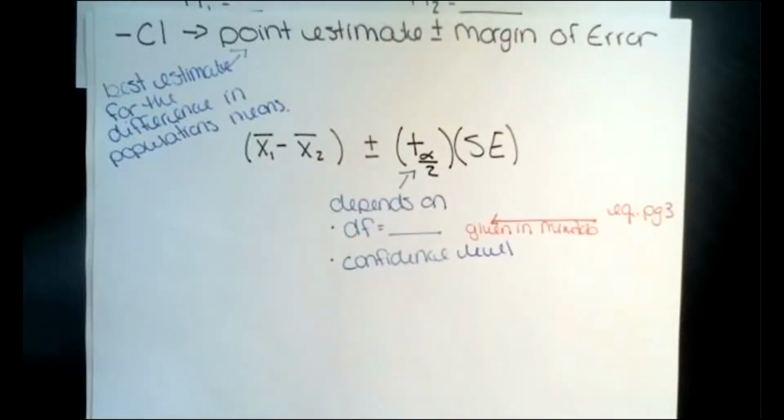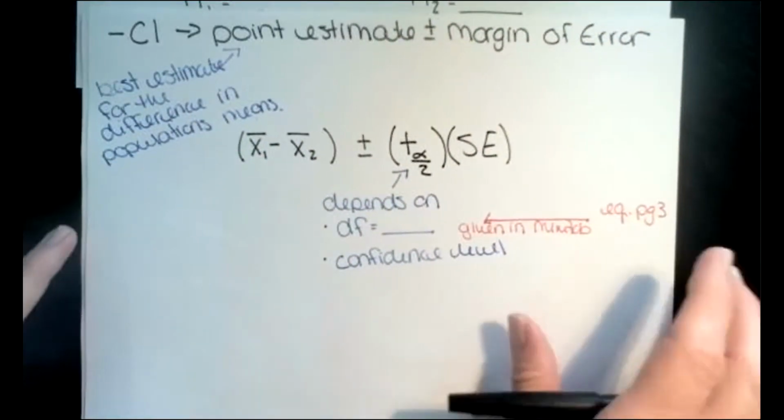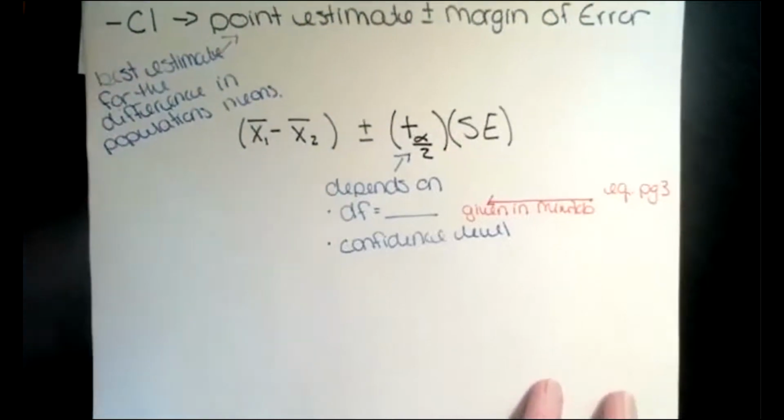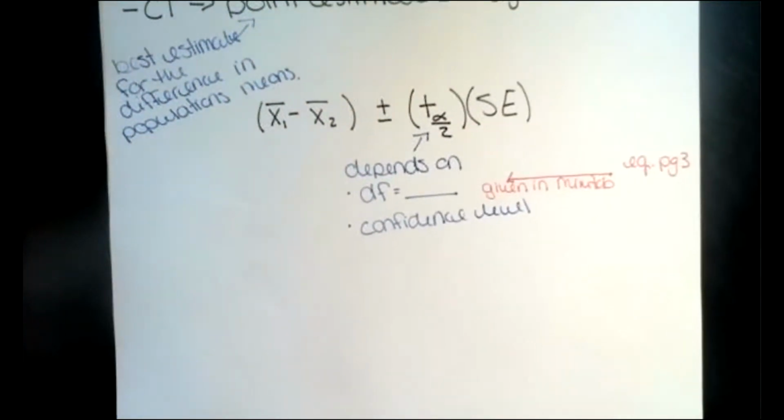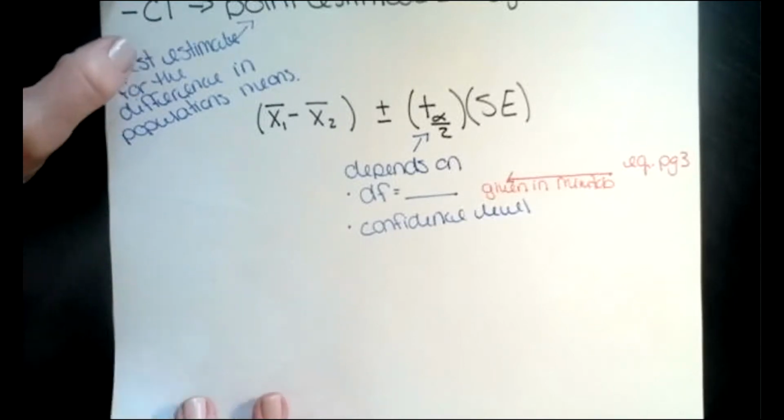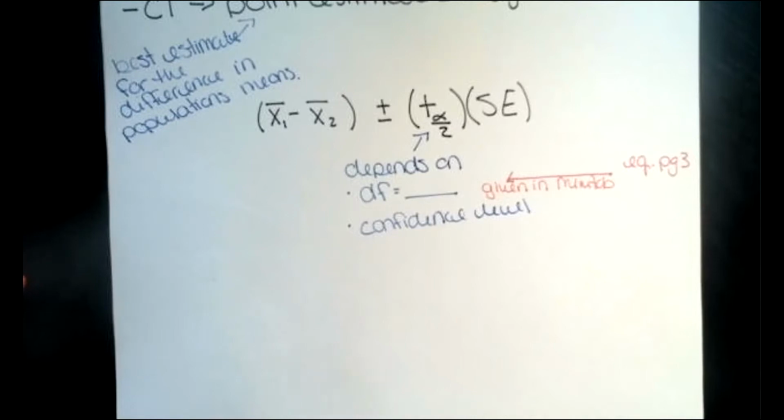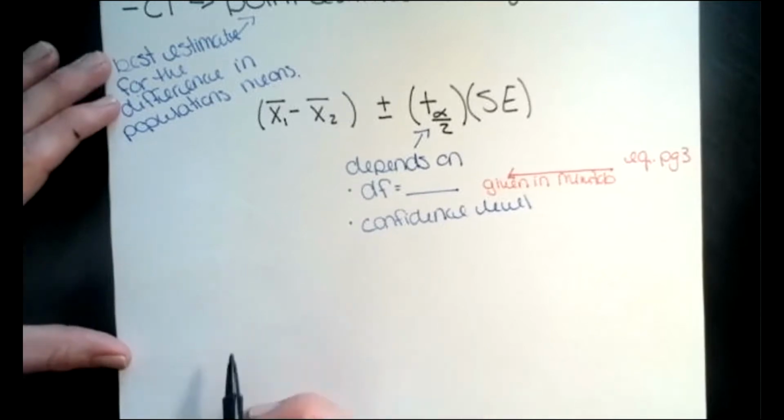Let's talk about the interpretation. So last class when we had just a single sample of numerical data, I didn't go over the interpretation, and that's because it's like the same interpretation. And this is as well, but I like to give this one because I have to throw in the word difference. And I want you to see specifically where I place the word difference, okay?